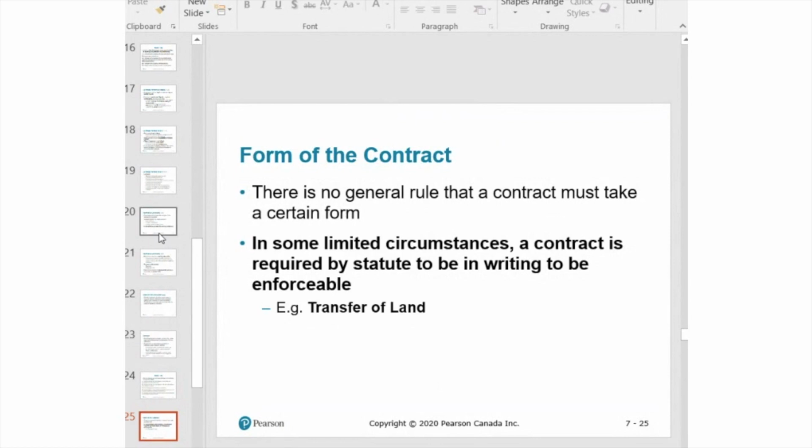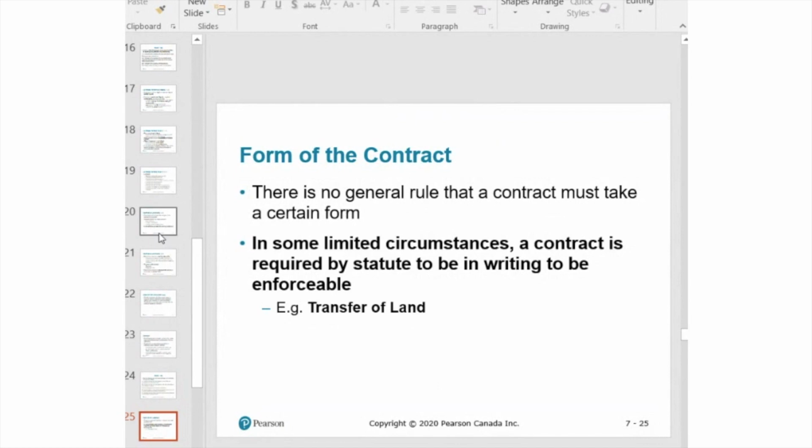Okay. However, for some types of transactions, the law requires the contract to be in writing. Not the contract itself, there has to be written evidence, a written piece. The law understands that in some types of transactions, written pieces are needed.